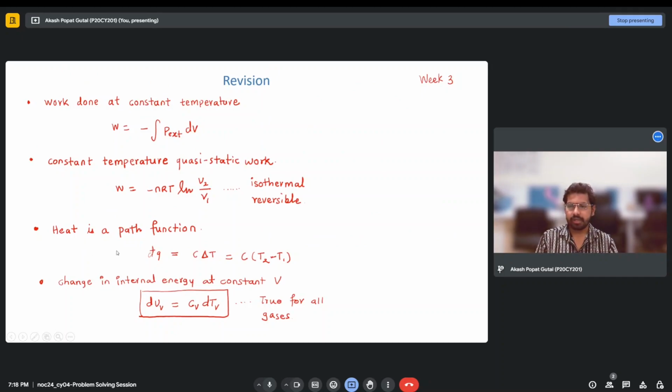Heat we already defined in the previous lecture as a path function, and we have defined it in terms of specific heat. For the change in internal energy at constant volume, here we introduced CV, which is true for all gases. CV is the specific heat at constant volume.